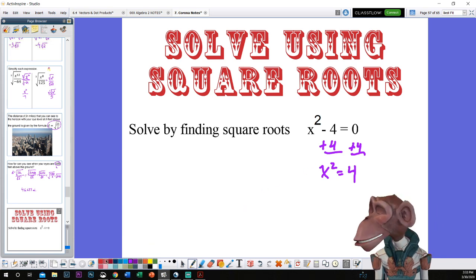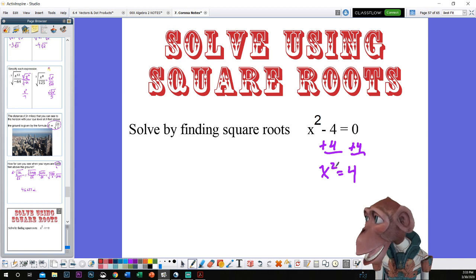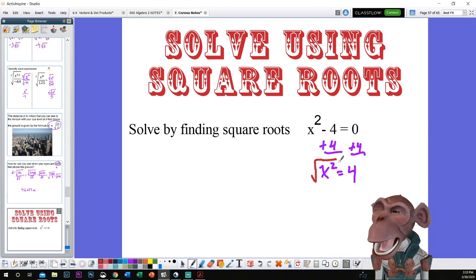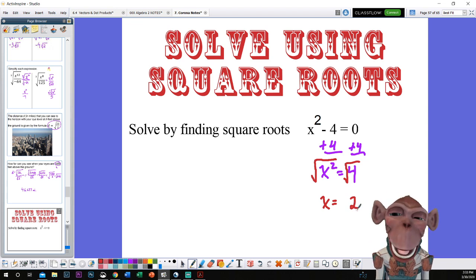So now I have x squared equals 4. Once you get that x squared all by itself, then you need to cancel the square. The way to cancel a square is a square root. It's like the kryptonite to the squared. Do a square root. Then we have x equals, a lot of people are shouting 2.